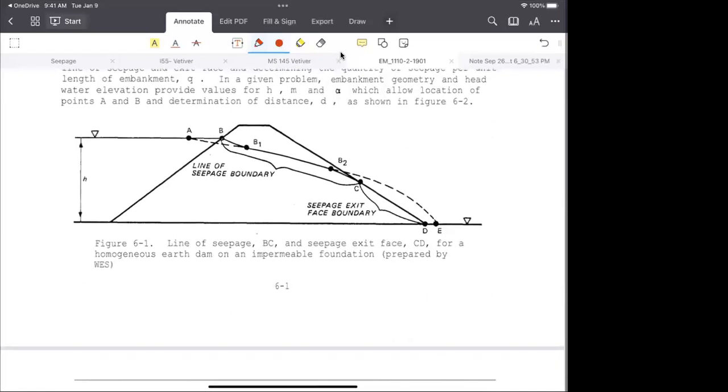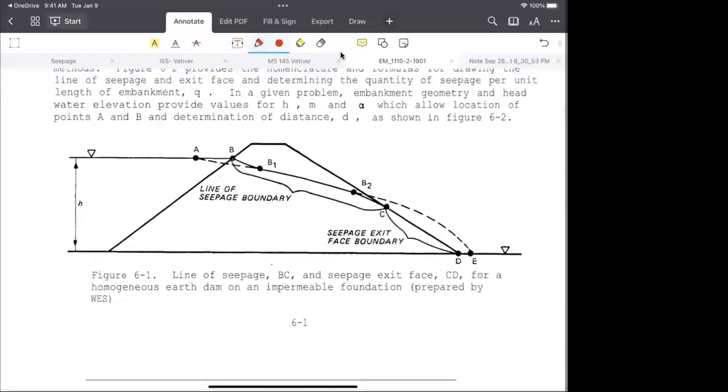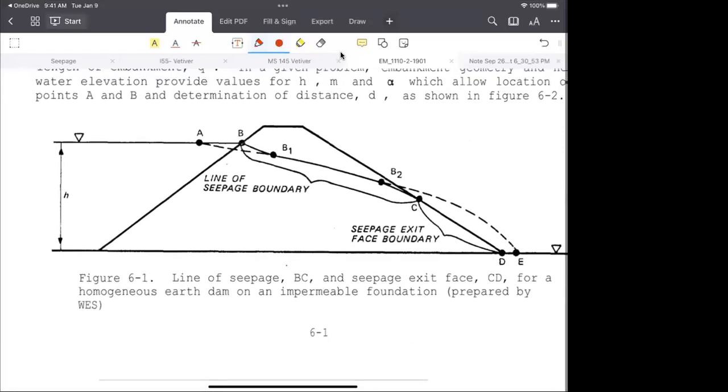So the question is how we can draw the flow net for an embankment. Any idea?